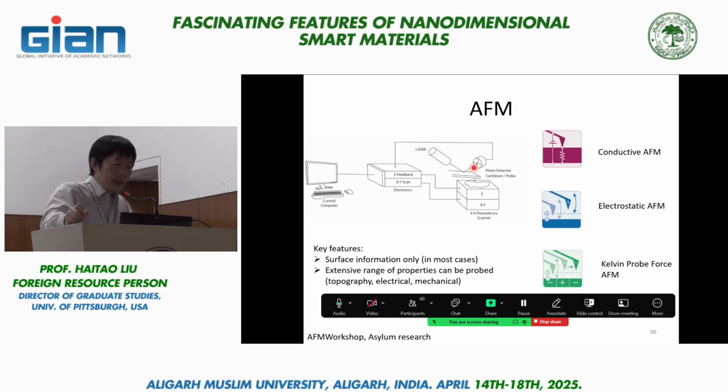The last one is a very similar technique called Kelvin probe force AFM, and this is very similar to electrostatic AFM, but using a slightly different methodology to detect the surface potential, not charge separation, but looking at, for example, oriented dipoles on the surface. If you have organic molecules oriented in a certain way, this can produce a surface dipole, and that will produce a change of surface potential, which will be detected by Kelvin probe force microscopy.